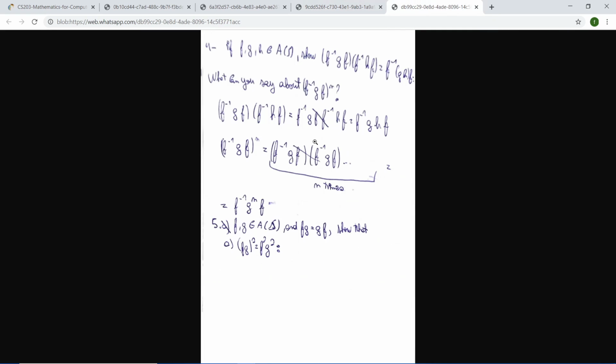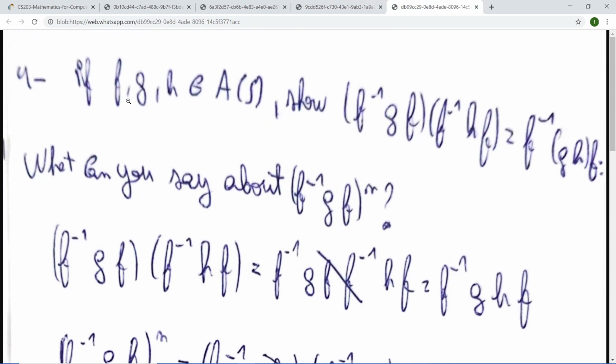But then exercise 4, I could still do it. So again, this all started by me not understanding something, and in this case, what does this mean? So this means that exactly we are missing f inverse g f after f inverse h f.